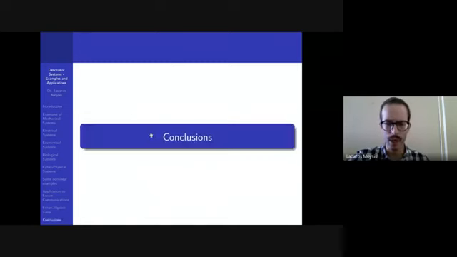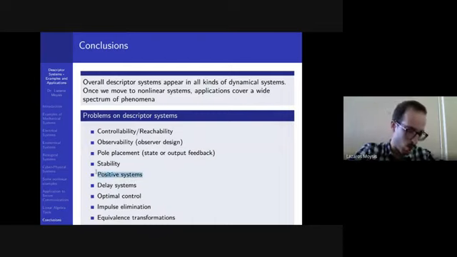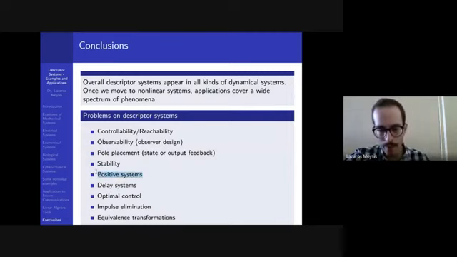So to finish off this presentation, I want to thank you very much for being here. Descriptor systems, of course, apart from all those applications, raise many issues like controllability, observability, pole placement, stability. You can also study special cases which are positive systems. These are systems whose values can only take positive values because, for example, consider a population model.